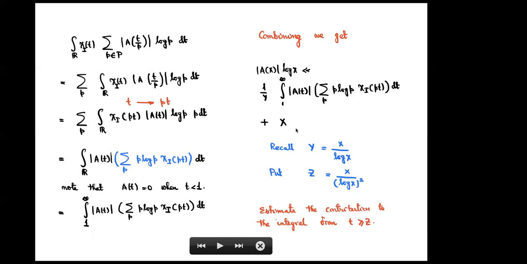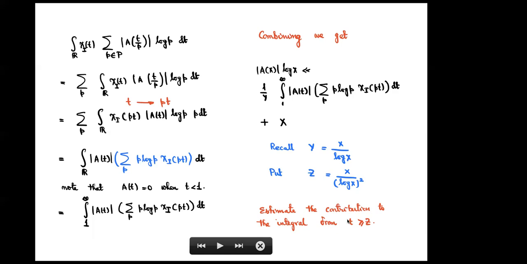Okay? And recall that y is x over log x. Now we introduce this new symbol z for x over log x whole square. I mean x over log x the square. Okay? So y already was set to be x over log x. So z is less than y, of course, and indeed it's x over log x square.